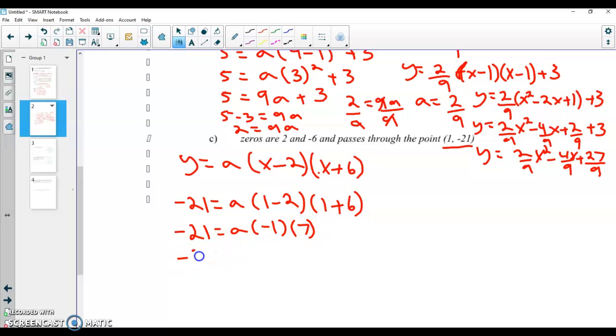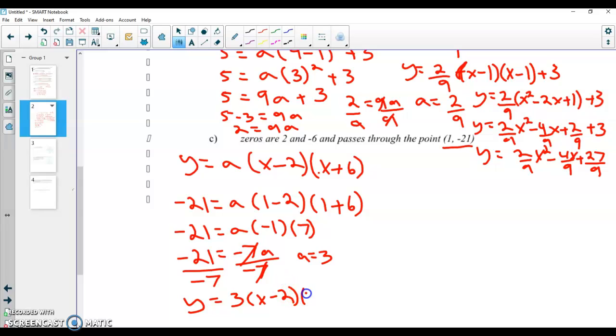And so we're going to get negative 21 is equal to negative 7a. We can divide by negative 7. And so what we get is a is equal to 3. And so our factored form is going to be y is equal to 3 times (x minus 2) times (x plus 6).